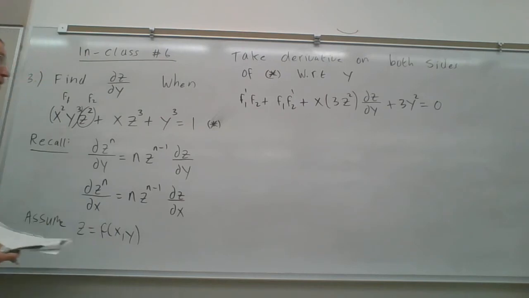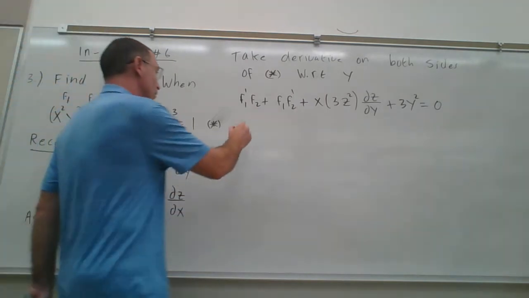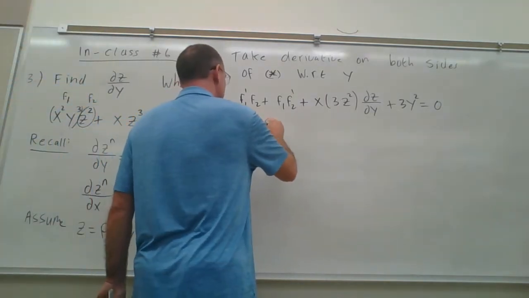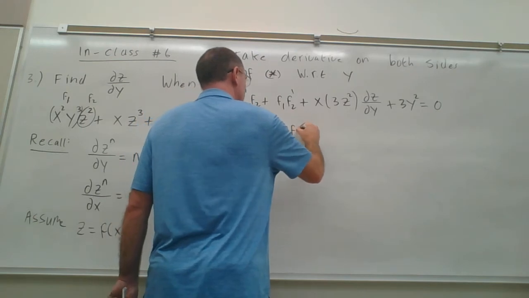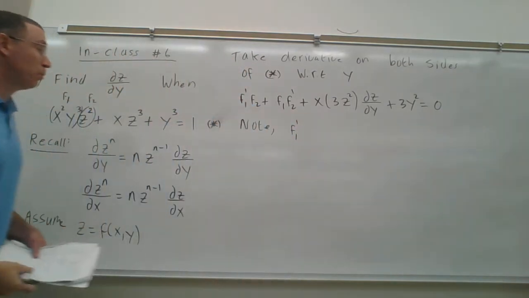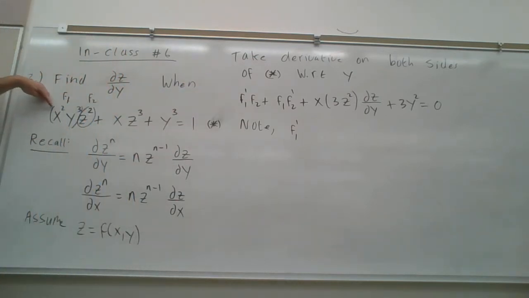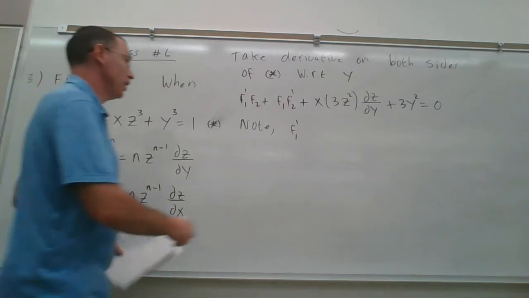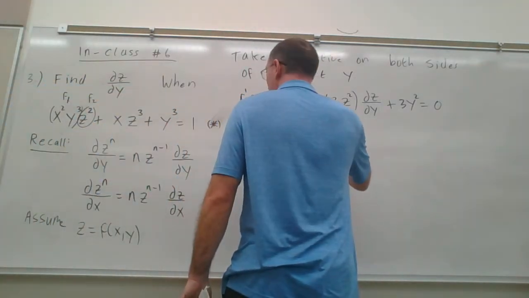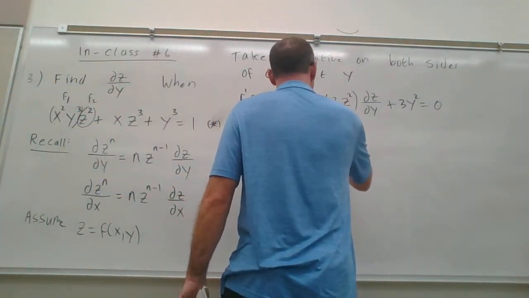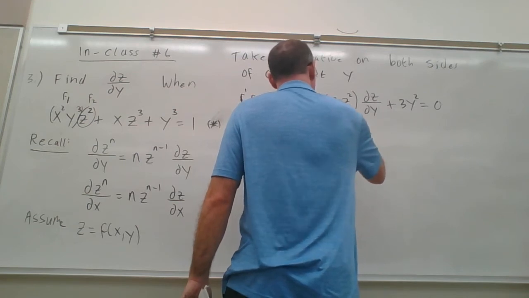Okay? So note now, f1 prime, the prime here means with respect to y. So my f1 is x squared y cubed. With respect to y, that would be equal to, bringing 3 in front, 3x squared y squared.